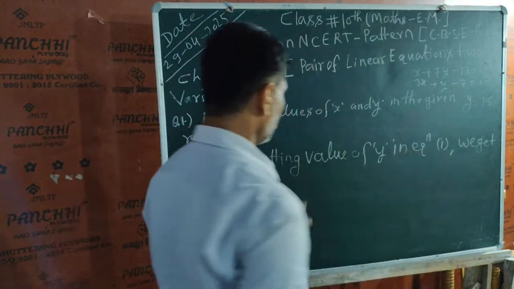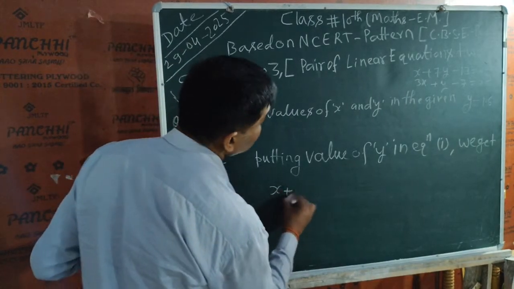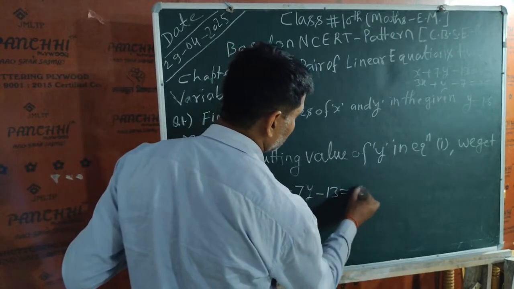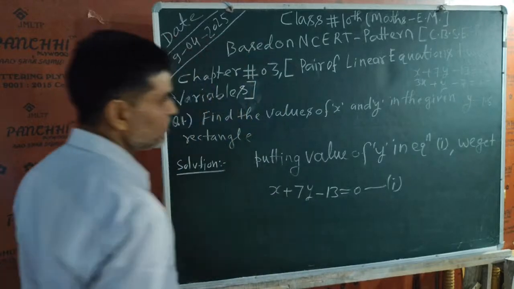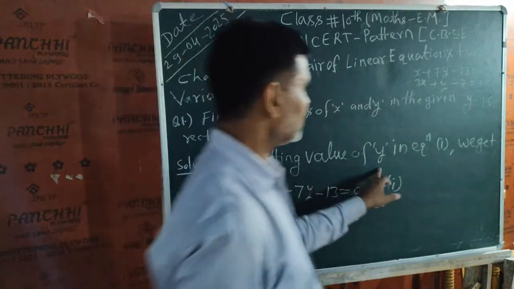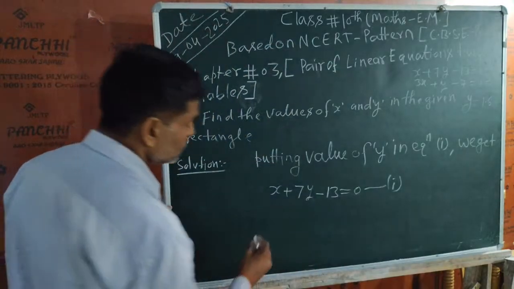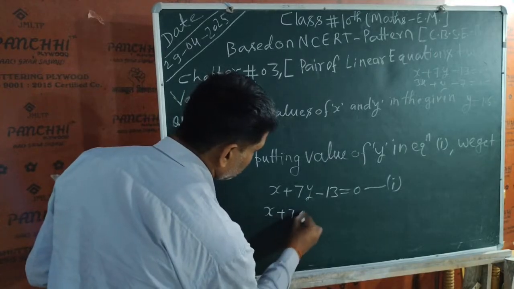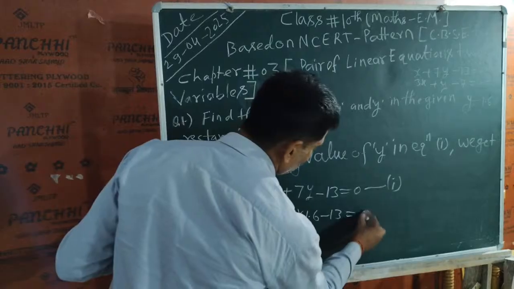Now I am going to write equation number 1, that is x plus 7y minus 13 which is equal to 0. Now I have to put the value of y, which is 1.6. So I write x plus 7 into 1.6 minus 13 which is equal to 0.